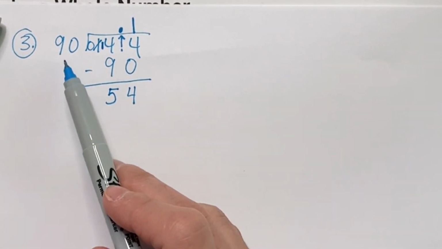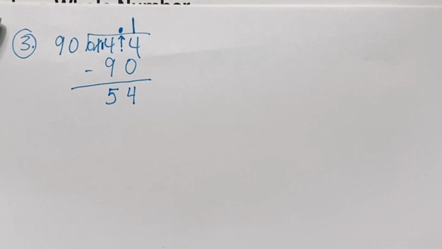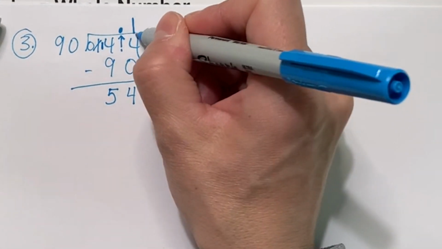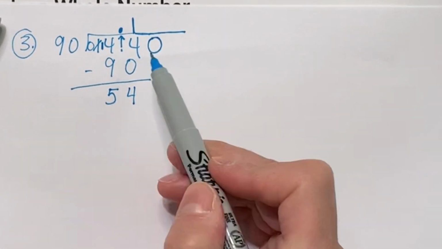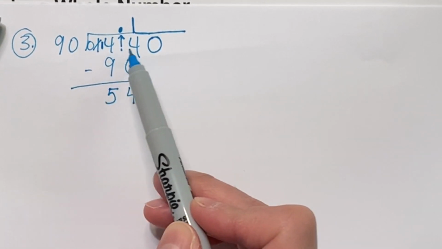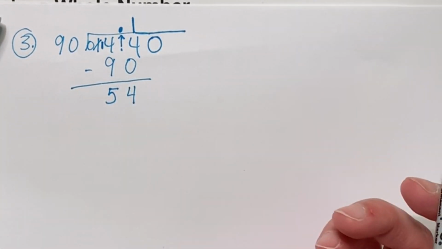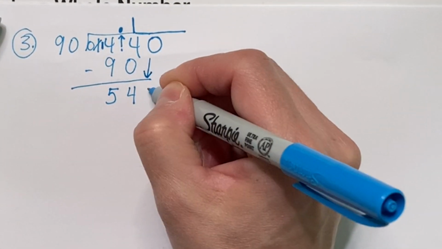Now, 90 cannot go into 54, but we can't just leave the problem like this. So we're going to do what we did before, and we're going to add a 0 here. We're allowed to add as many zeros as we want because it doesn't change the value of 14.4. So I'm going to bring down the 0 that I added.